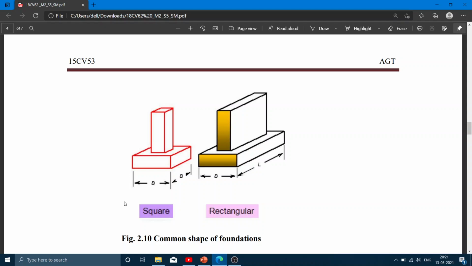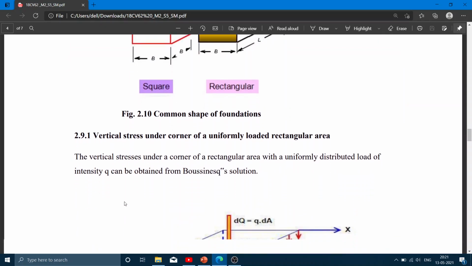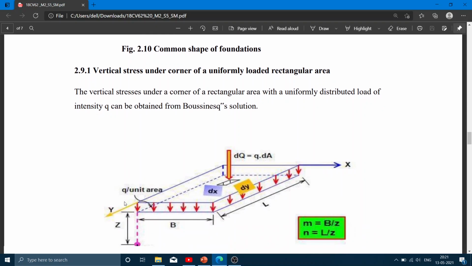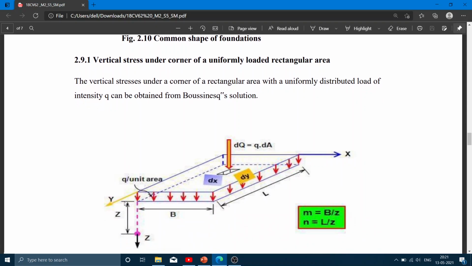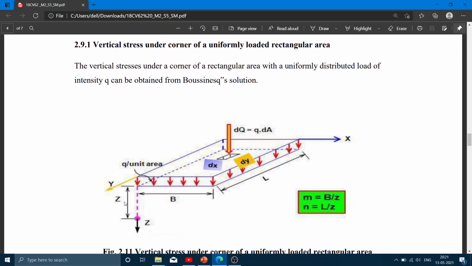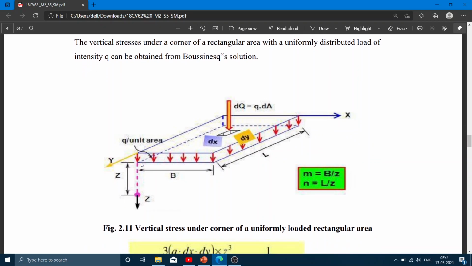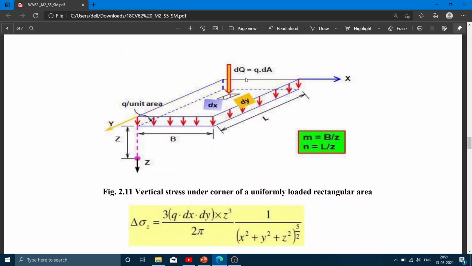So next, vertical stresses under the corner of a uniformly loaded rectangular area. Vertical stresses under a corner of a rectangular area with a uniformly distributed load of intensity q can be obtained from the Boussinesq equation.